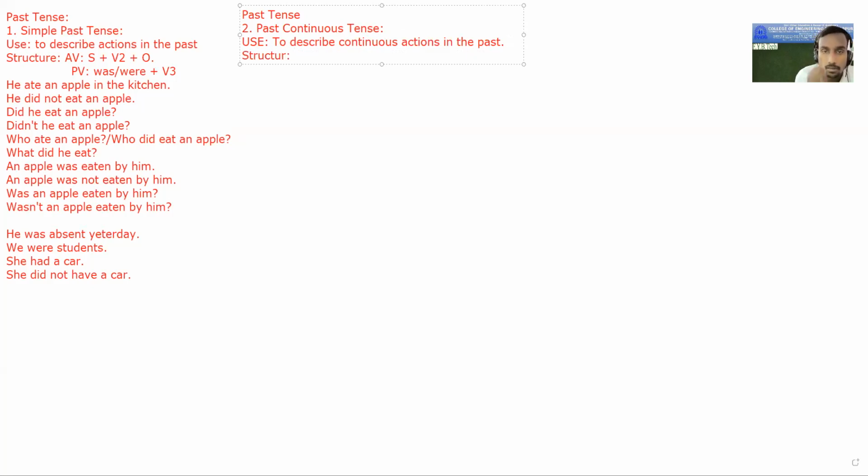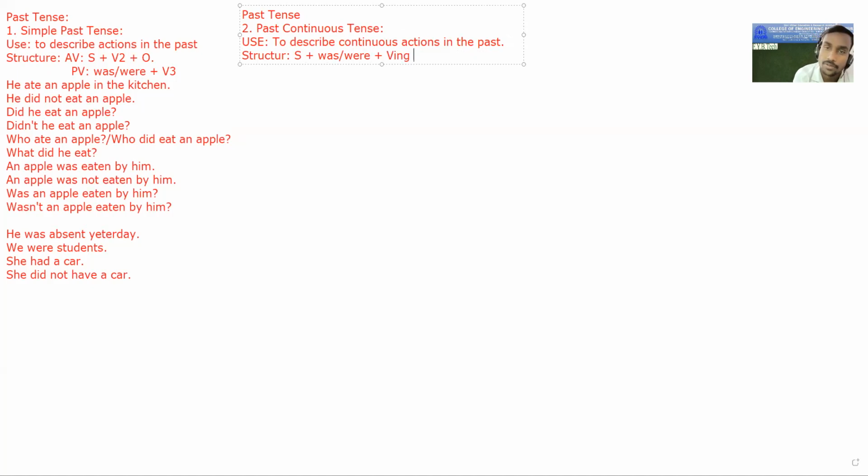You people can help me here also. So first of all, the subject is there. After the subject, was or were, that we are going to use. After was and were, the present participle of the verb, V-ing.